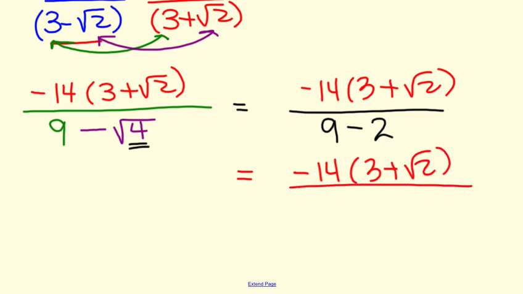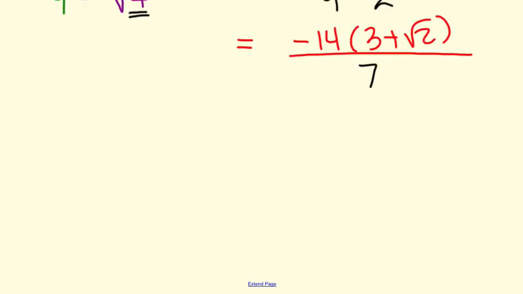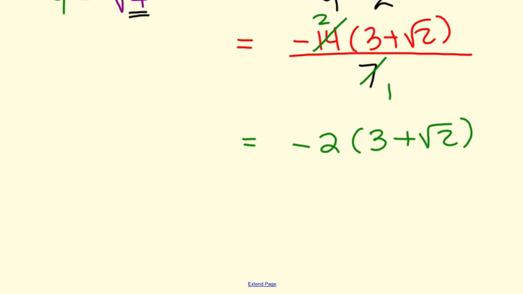Let's head down to the denominator. 9 minus 2 is 7. Now notice these two things right here. 14 and 7 can divide by 7. So I have a 1 and a 2. So I have negative 2 times 3 plus square root of 2. Now I would say you should probably go and multiply that back through. So negative 2 times 3 is negative 6. And then negative 2 square roots of 2.